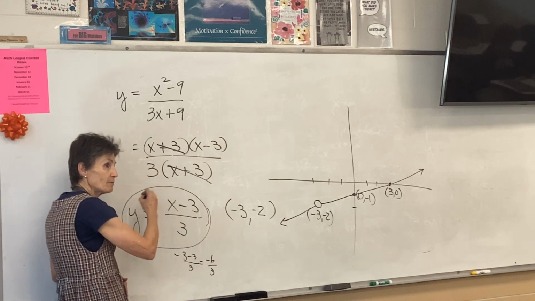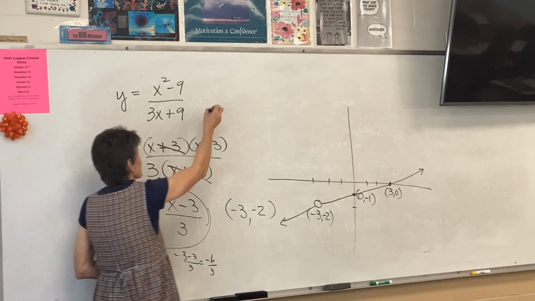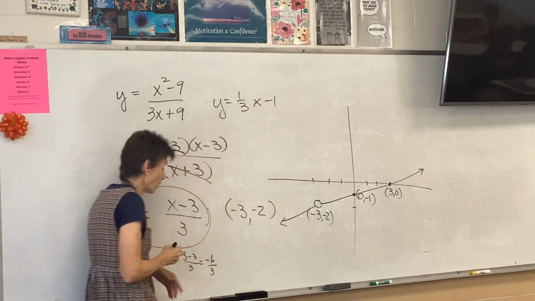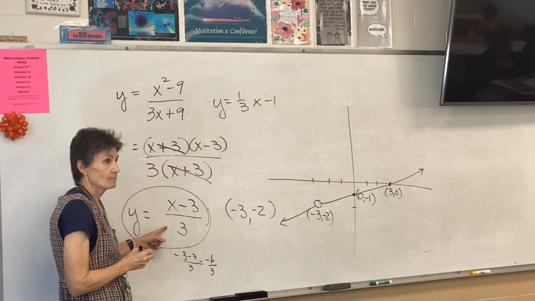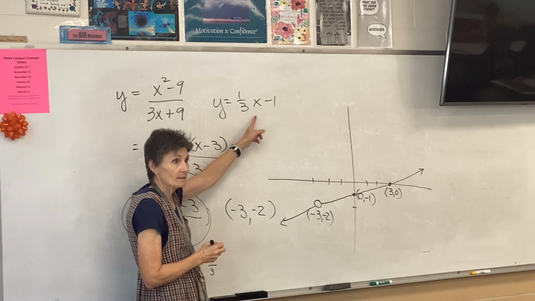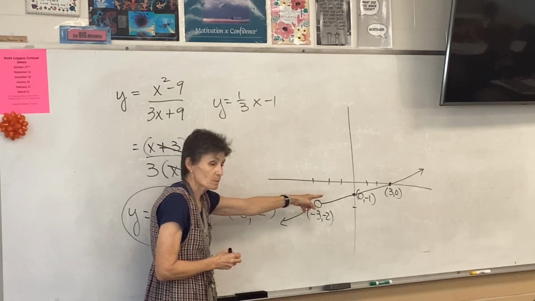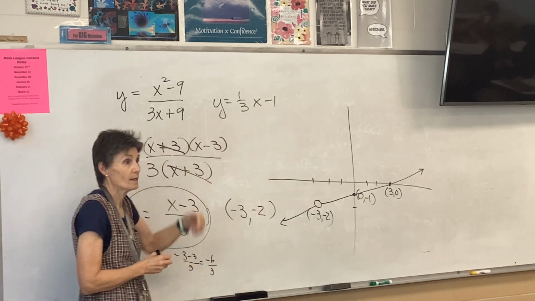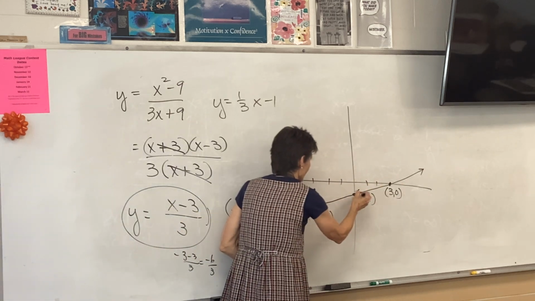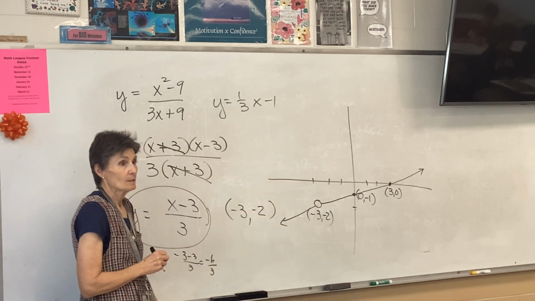Another way of writing that is y equals 1/3 x minus 1, y equals mx plus b. So your y-intercept was -1 and your slope was 1/3: up 1 over 3, down 1 over 3. See that? All the pieces came together.